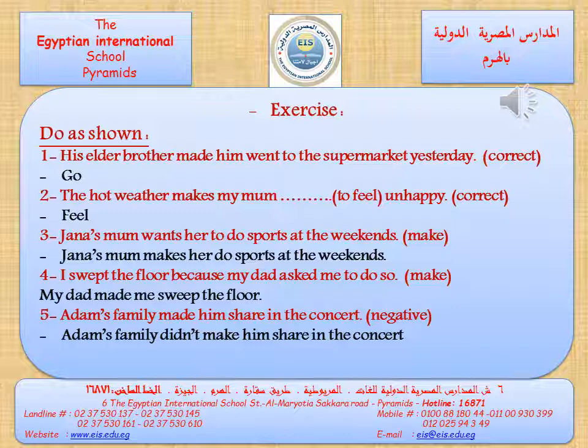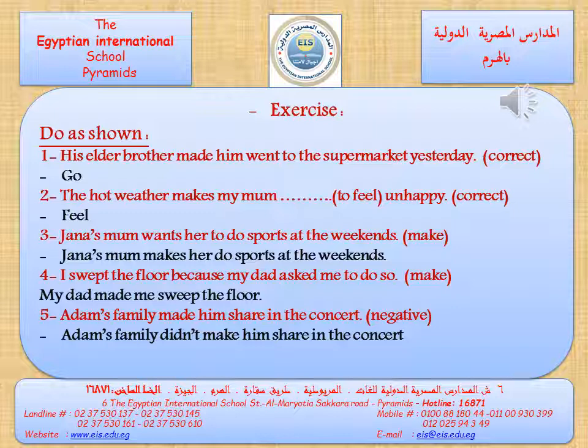You are right, thanks. Number 3, Jana's mom wants her to do sports at the weekends. Use make. At the beginning, to answer this question, we must ask ourselves why Jana does sports. Because of mom.